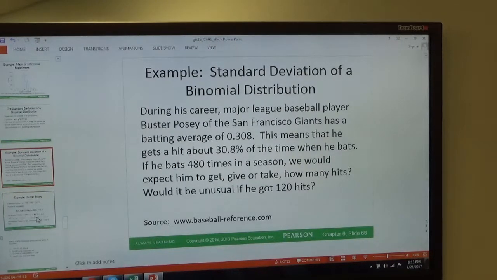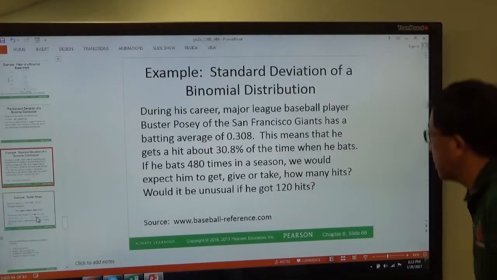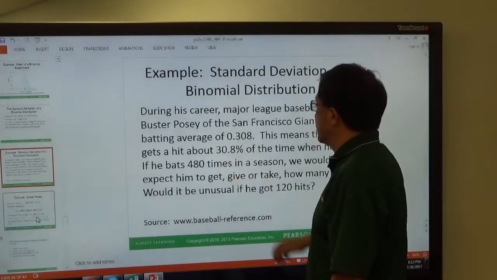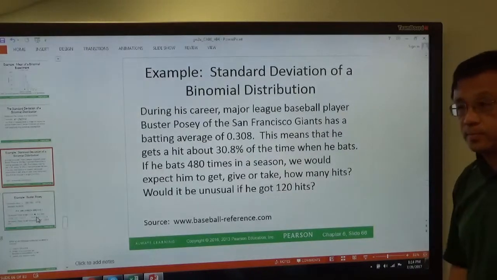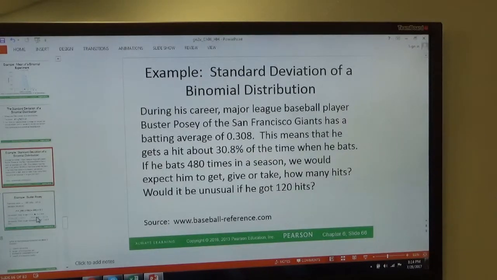This question asks whether it's unusual to get 120 hits. First, you figure out the mean. It's 480 trials, and each time it's about 30.8%, so the mean is n times p.